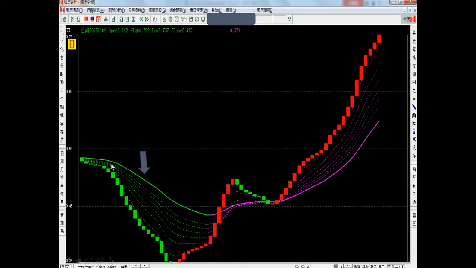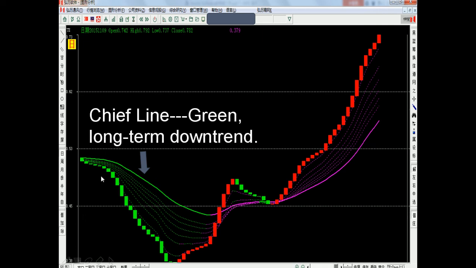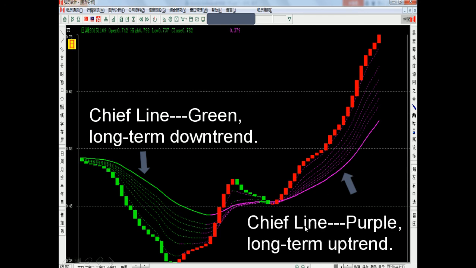If you have this indicator, you can see this green line here. What does this green line mean? Here I show you. The green line is the long-term trend, and it is a downtrend. We call it the cheap line, and this line is a downtrend for the long term. This line is purple, also a cheap line.